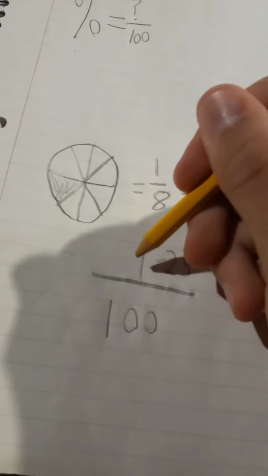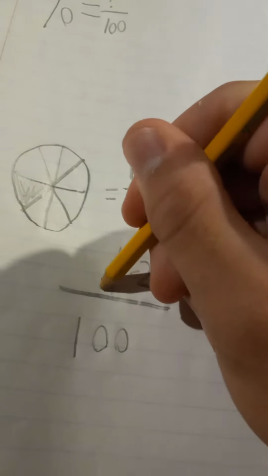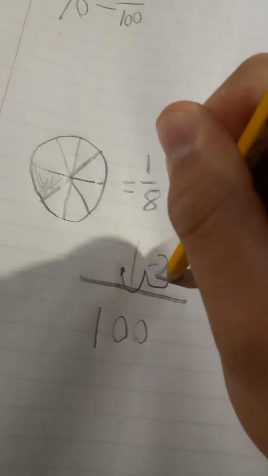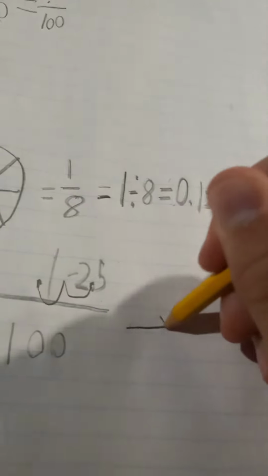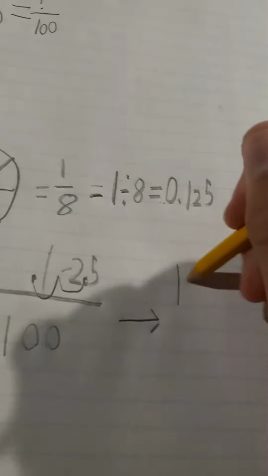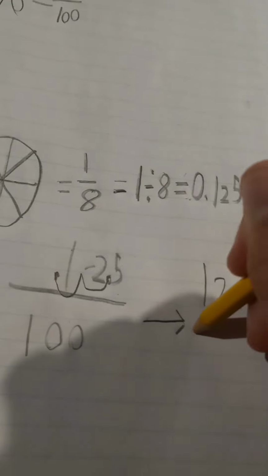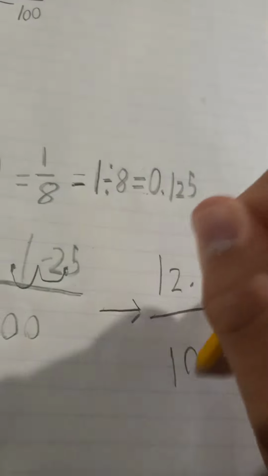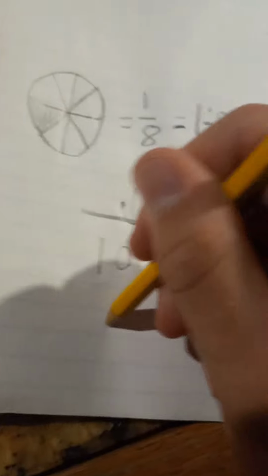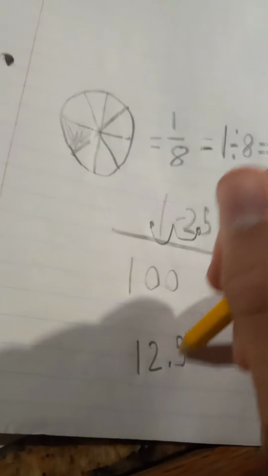So doing the same for over here, this would obviously be 0.125. You'd move it 2 places right. So if you put it there, it's going to be 12.5 over 100, meaning the answer is 12.5%.